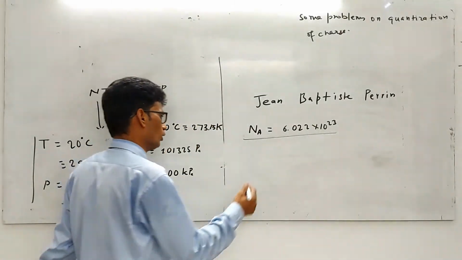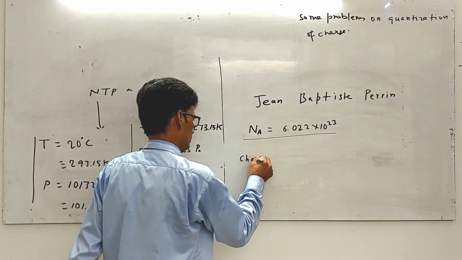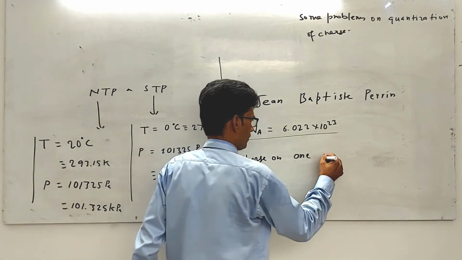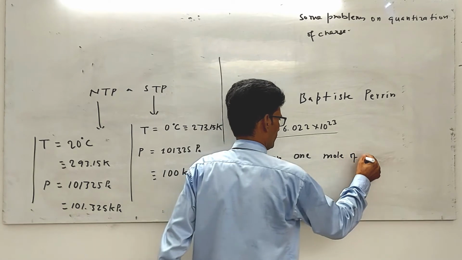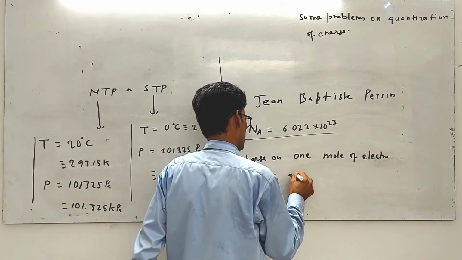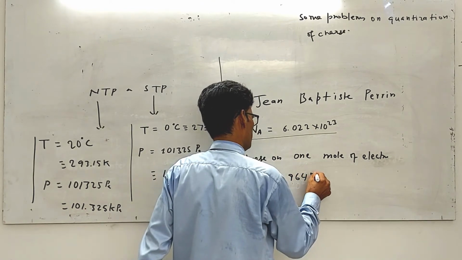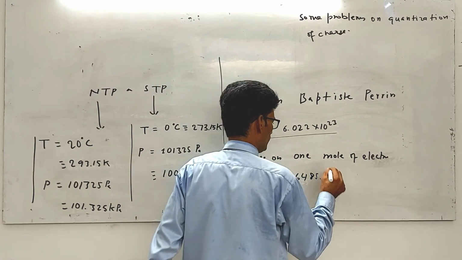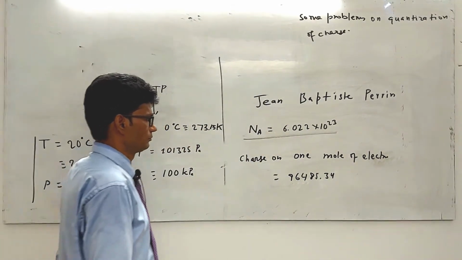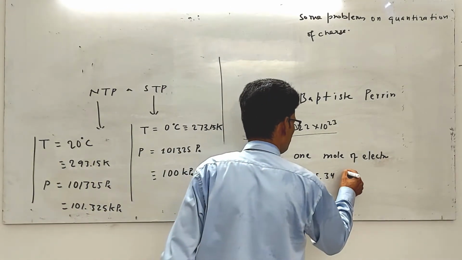Charge on 1 mole of electrons is equal to 96,485.34 Coulomb.